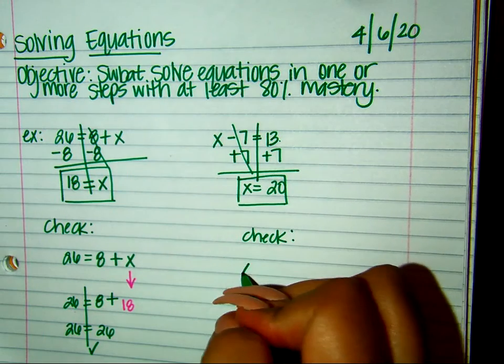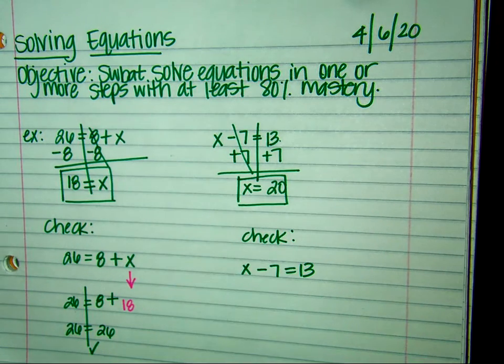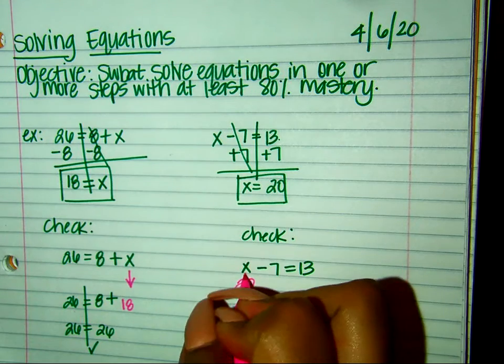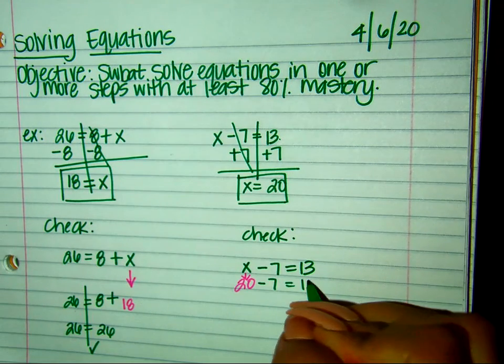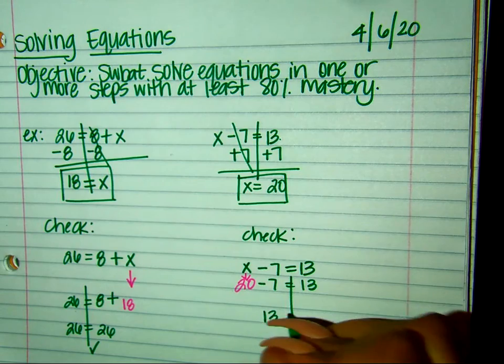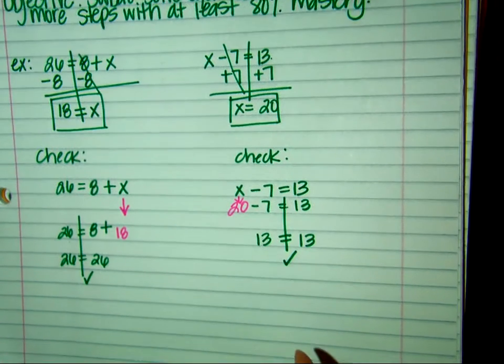So I have to plug in or substitute the value of x, which is 20, where it would go here. And I want to make sure one side of my equal sign equals the other. So 20 minus 7 is 13, and 13 does equal 13, which makes it correct.